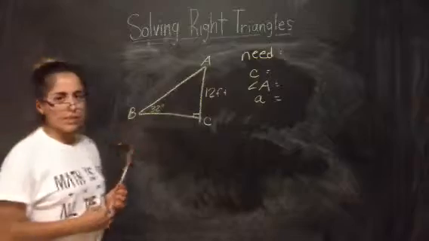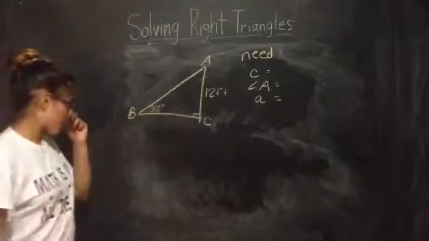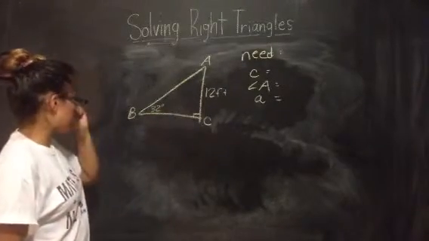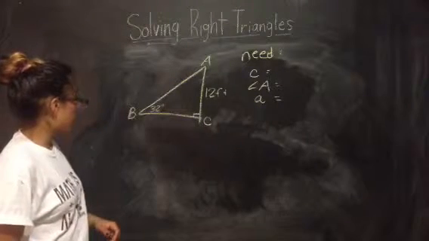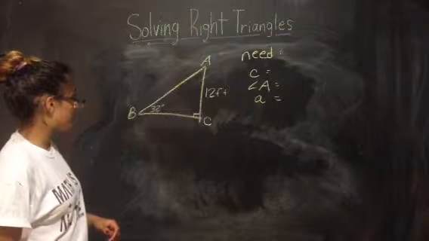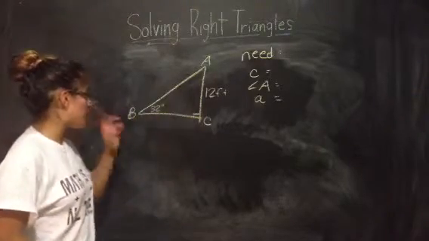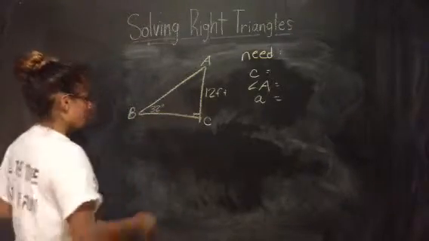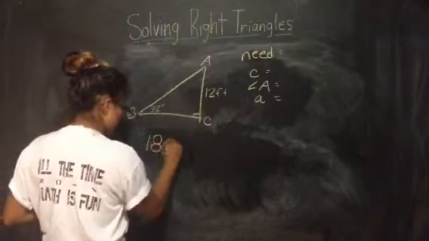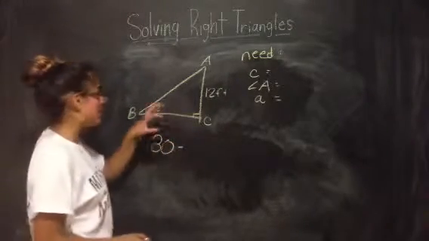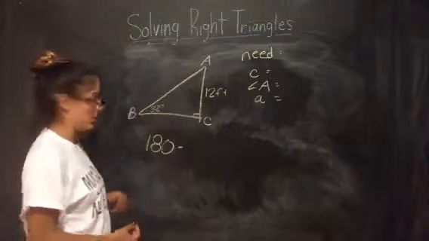I think the easiest thing to start out with is finding angle A. Finding angle A is easy because we already have these two angles. And so you can subtract both those angles from 180 degrees because all three of the angles add up to 180 degrees.